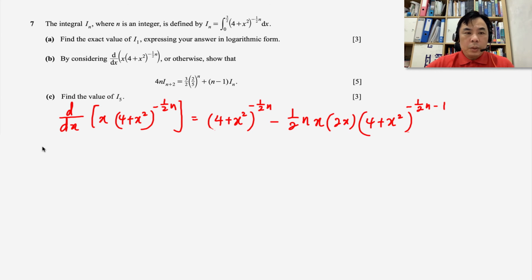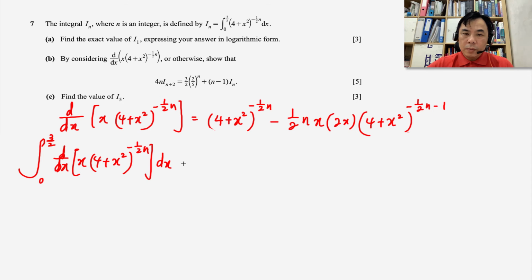Okay, so from here we're going to perform the antiderivative from 0 to 3 over 2, right? Because that is the one that we want to get in here. And then that will be differentiations of this with respect to dx, of course.